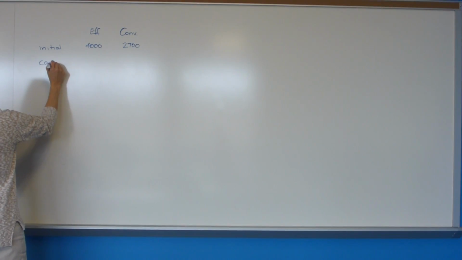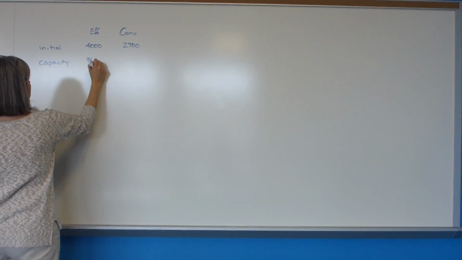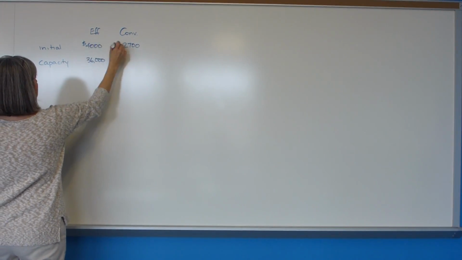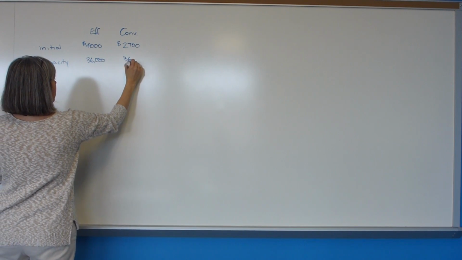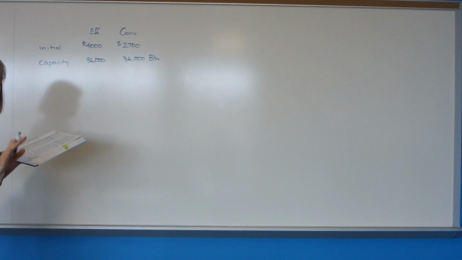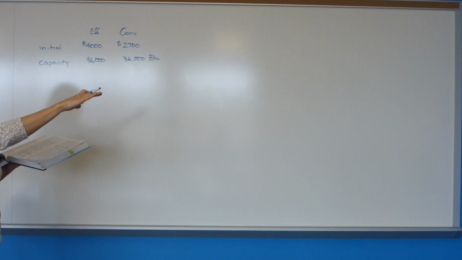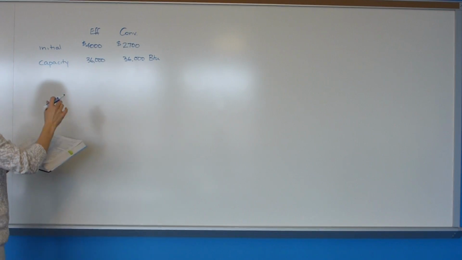Capacity, 36,000 BTU. That's actually not going to be relevant for us in terms of cost. That just is to make sure we're comparing apples and apples. So we have the same size air conditioner.